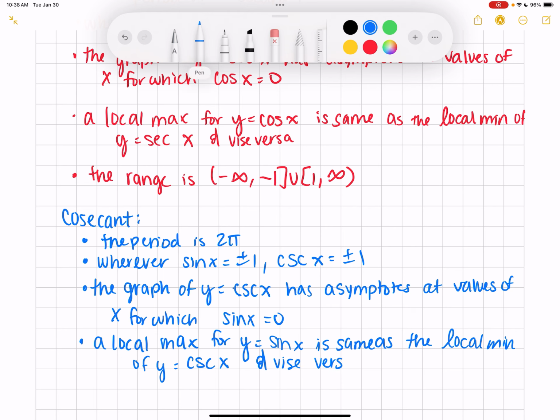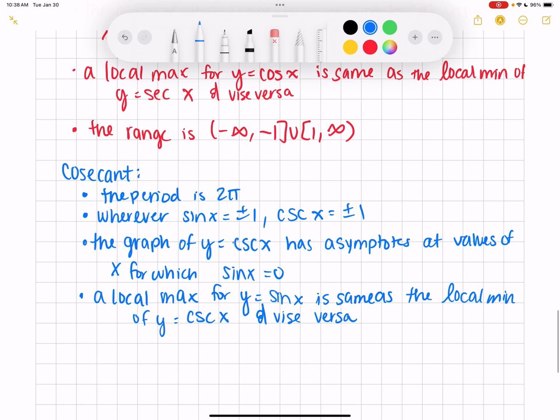It is a min for sine, it's a max for cosecant. And then the range is also from negative infinity to negative 1 union 1 to infinity.